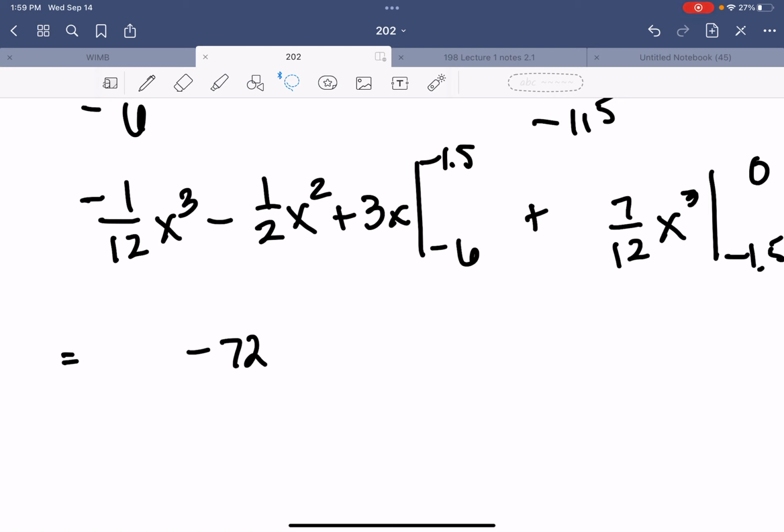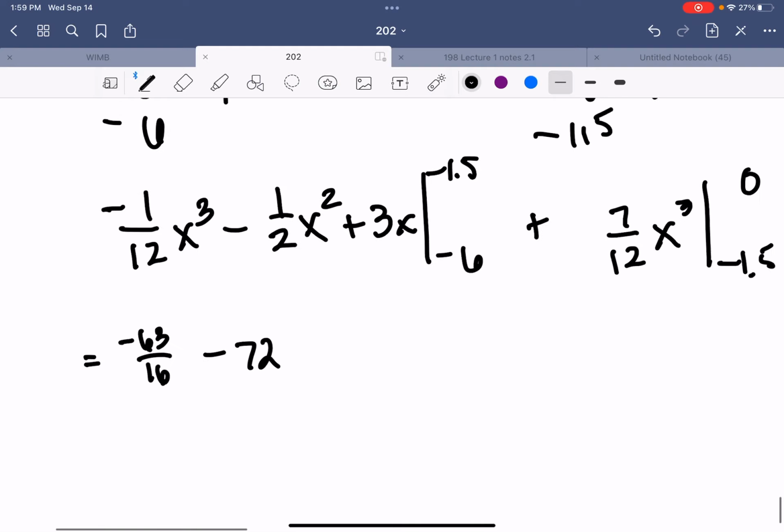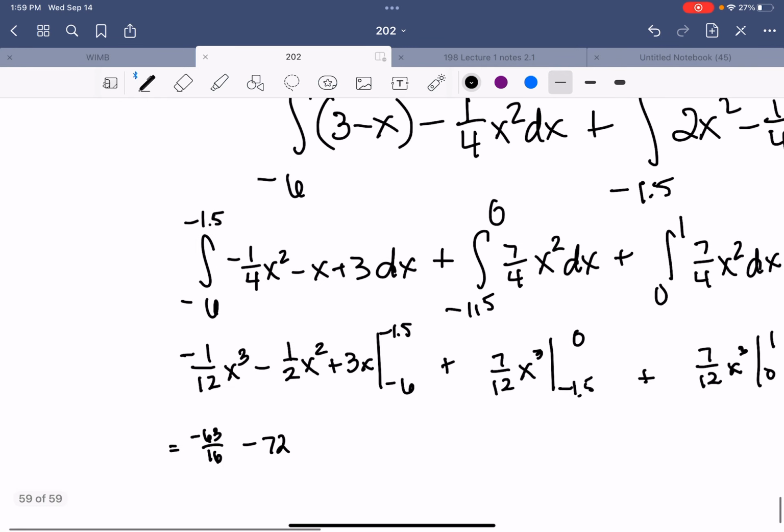And when you plug that in, I get -63/16. Hold on, back both trains up here. Let's try again.